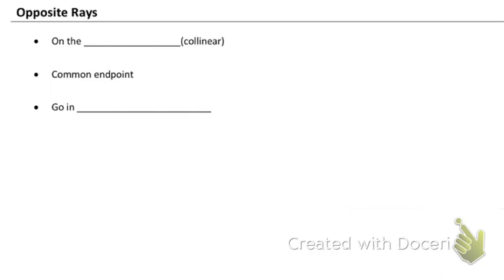Opposite rays. They're going to be on the same line, which means they're collinear. They're going to share a common endpoint. That's important. And they're going to go in opposite directions.